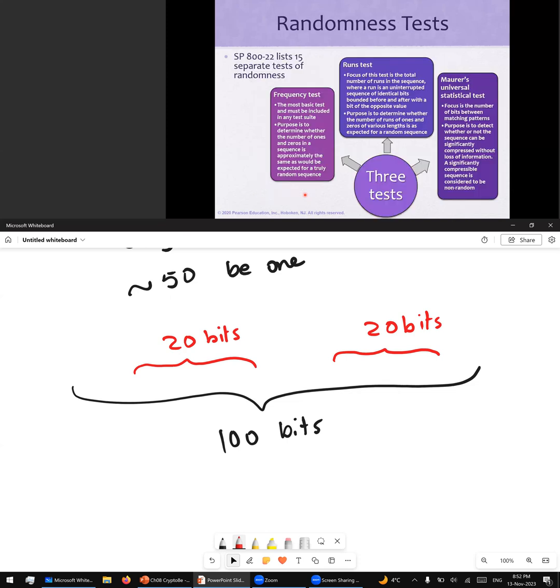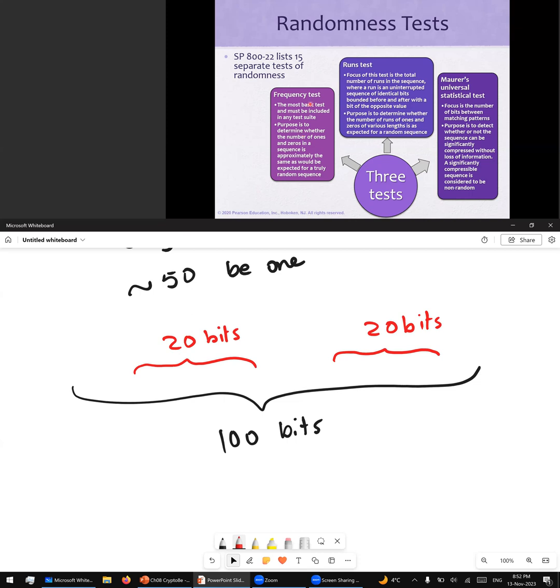So if we move to some randomness tests that we do, there are basically 15 tests inside the SP 800-22, which can be categorized into three different kinds of tests that we apply to the pseudo-random number generator in order to ensure that it maintains those three characteristics.